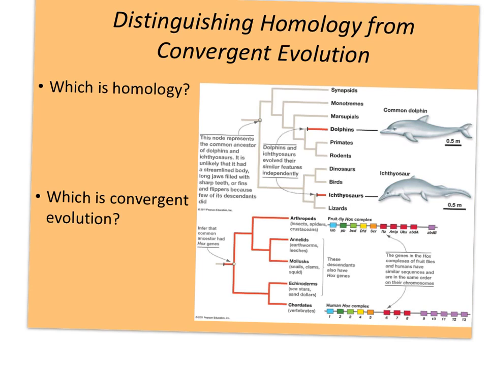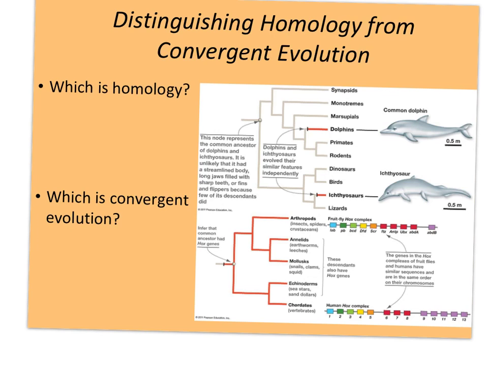Dolphins actually evolved from a land animal that lived in a semi-aquatic environment. And over time, you have this beautiful fossil record of the evolution of whales and dolphins. They came much later than ichthyosaurs. Okay?